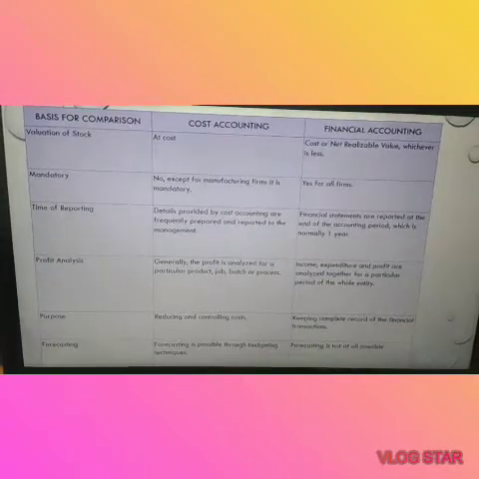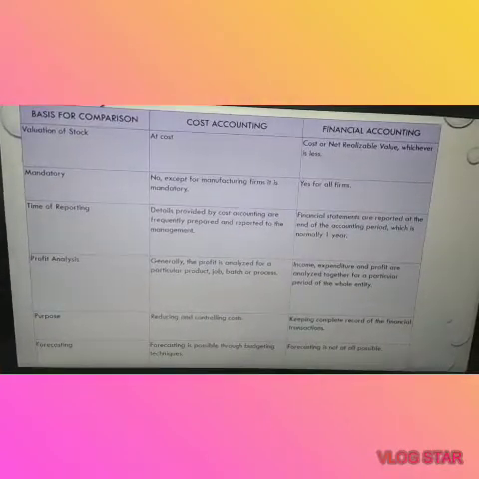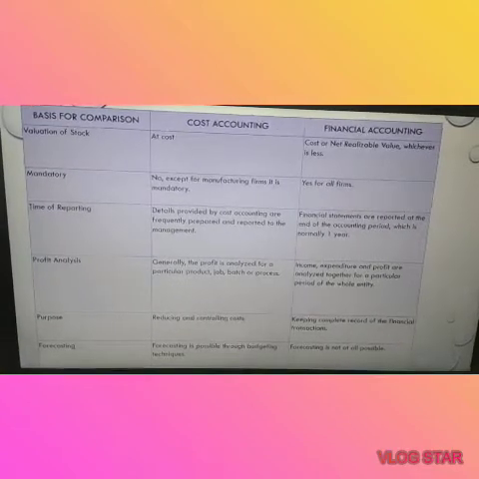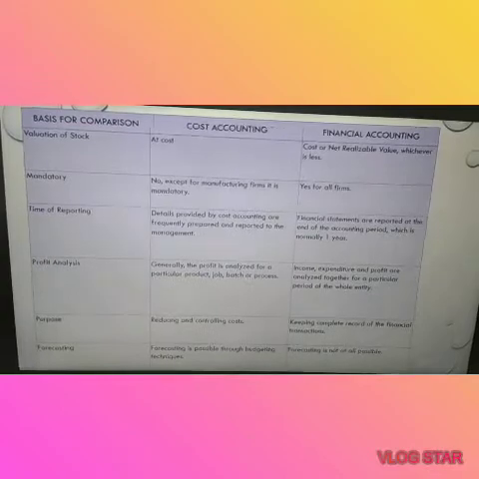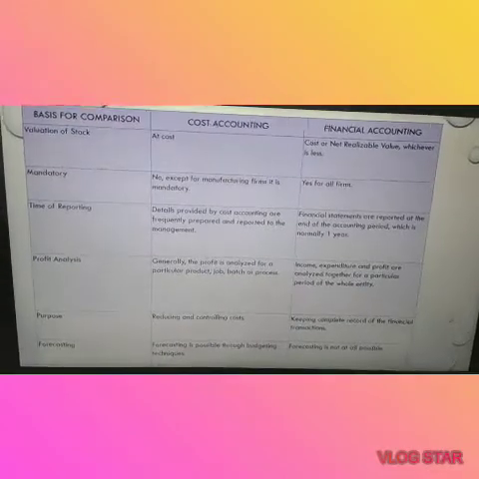In cost accounting, we value the stock at cost, but in financial accounting, the cost or net realizable value, whichever is less, we value at that cost.